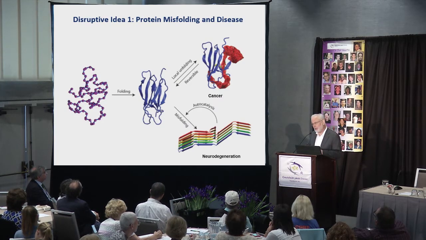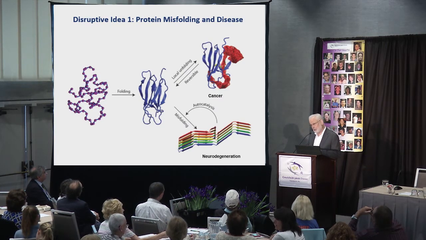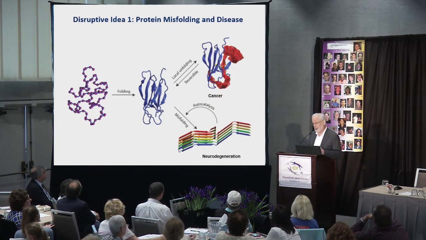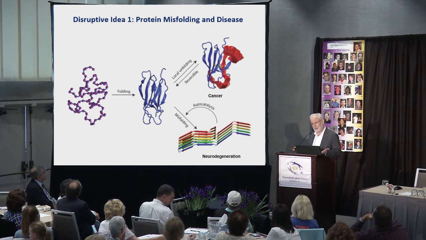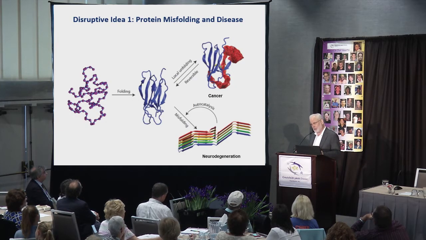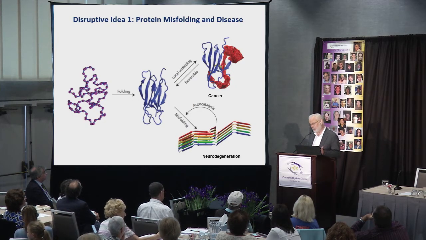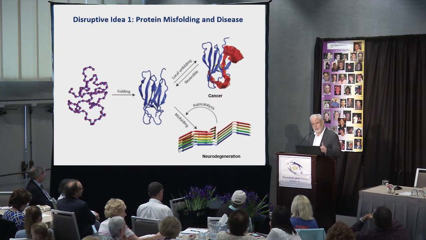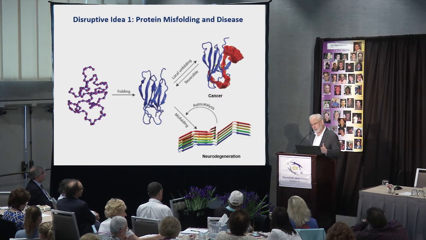So I'm also going to basically take you back to high school. As you heard from Dr. Collins, and as I think we all learned in high school, a protein is a chain of amino acids, which is encoded by the DNA. But a protein doesn't acquire its function until it gets folded up into a proper three-dimensional shape.